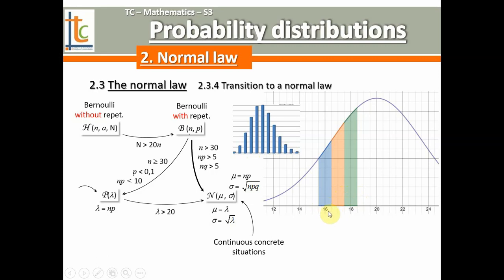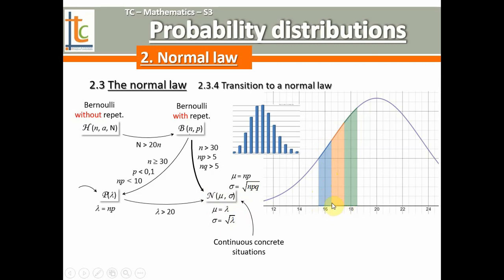So to represent the number 16, as 16 successes in a binomial distribution, you have to talk about the interval 15.5 to 16.5, whose area will represent the probability of 16 successes. So you will have to ask your calculator, with a normal distribution, the probability to be between 15.5 and 16.5.